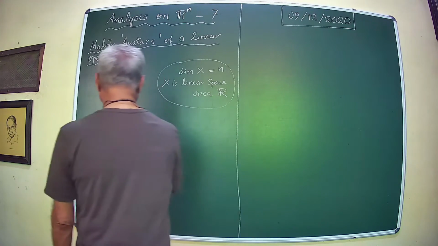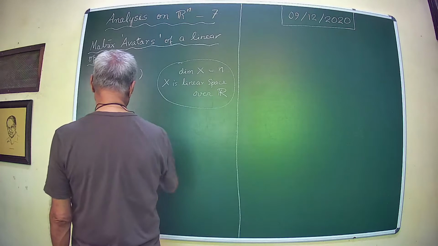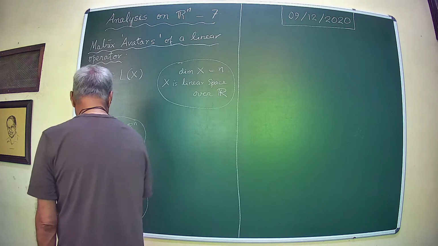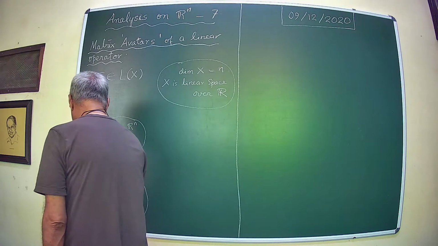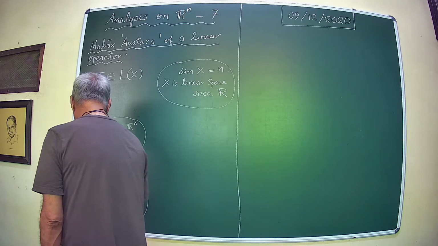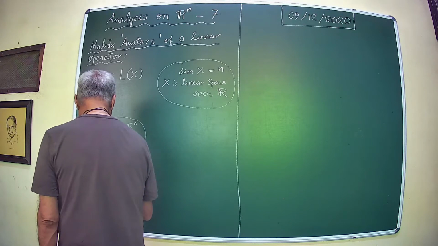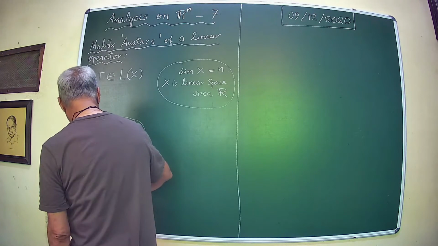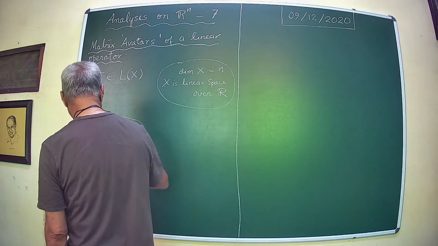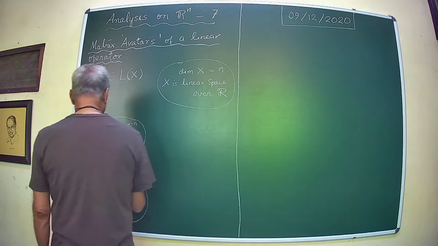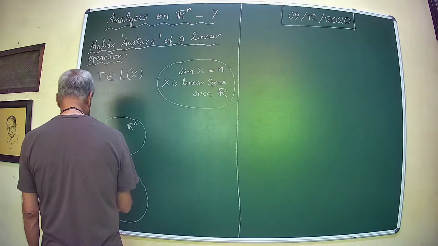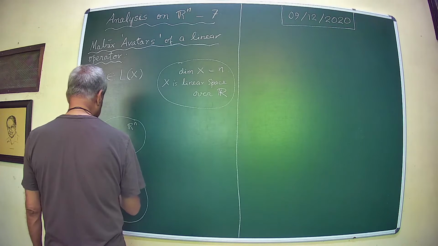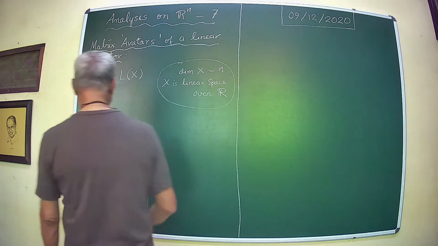Then I have a copy of Rn obtained by choosing an ordered basis x1, x2, etc., xn. What I then have is, if I start with an x belonging to X, x gets mapped to, say, call this B, I can call this phi B, the isomorphism.